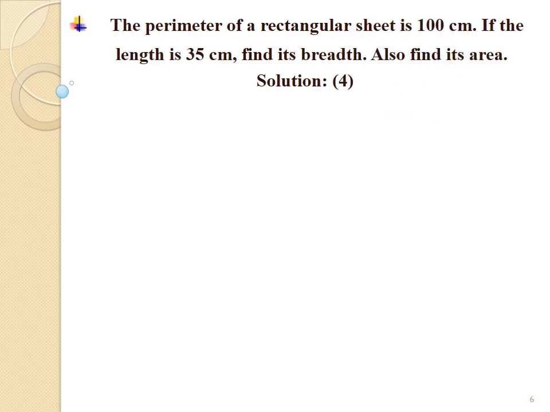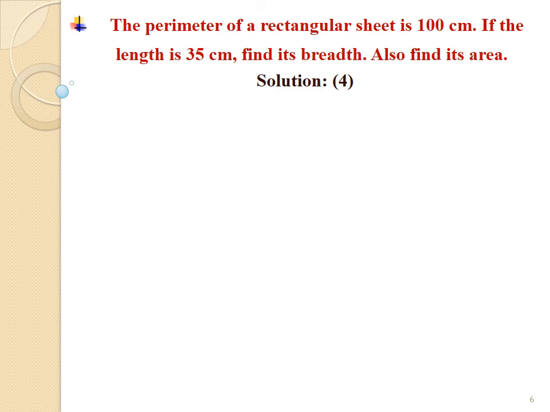Now, question number 4. The perimeter of a rectangular sheet is 100 centimeters. If the length is 35 centimeters, find its breadth. Also, find its area. Students, in this question, we have to find the breadth and area of a rectangular sheet, and we have been given perimeter.